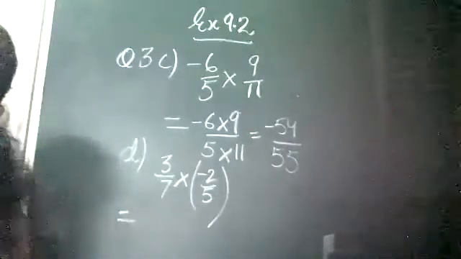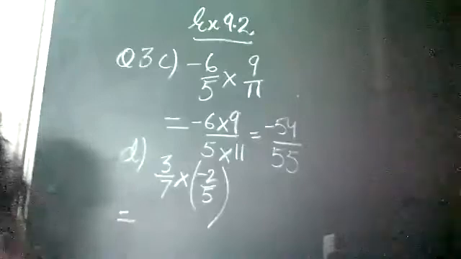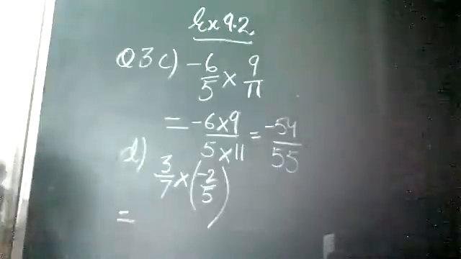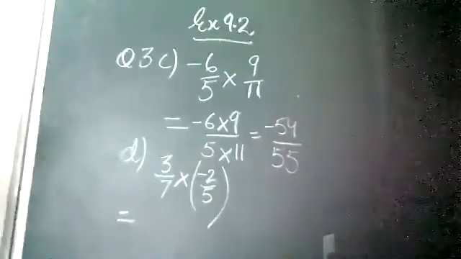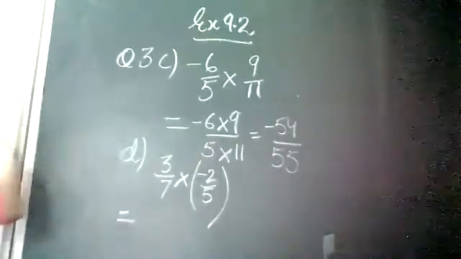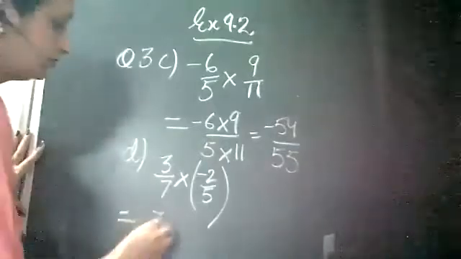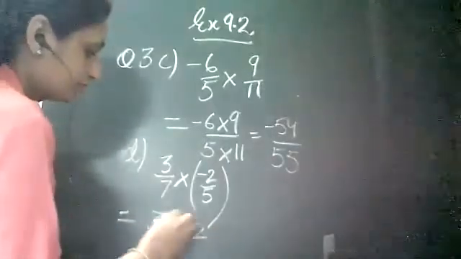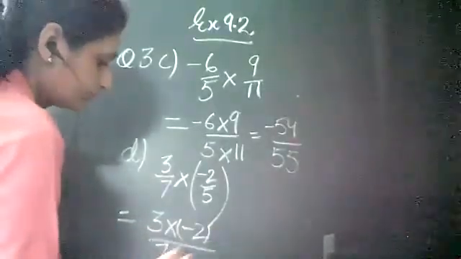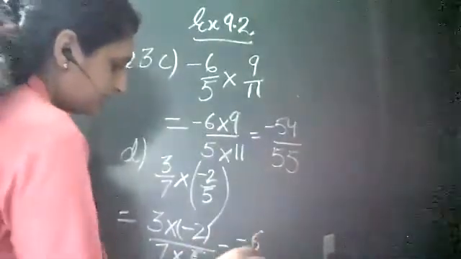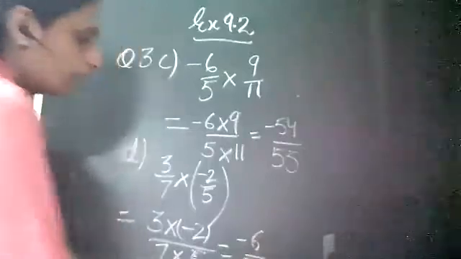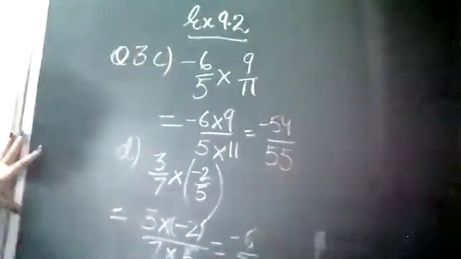Avika, you explain this question. Yes, ma'am. In this question, we are first going to multiply 3 by minus 2, that will be minus 6, and 7 multiply by 5, that will be 35. 3 2s are 6 and 7 5s are 35. Is this a proper fraction or improper fraction?